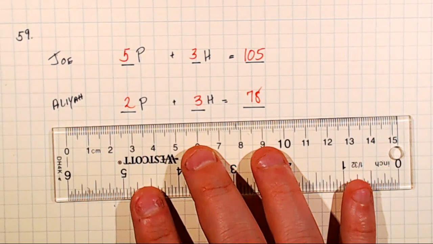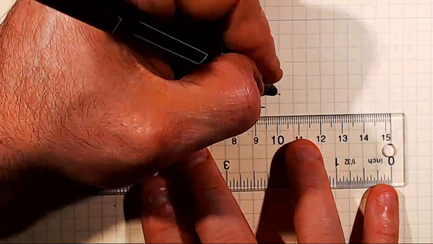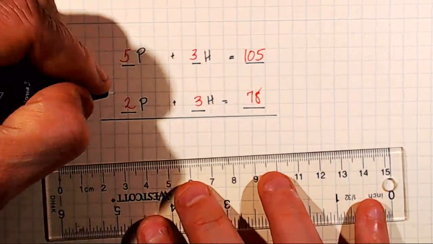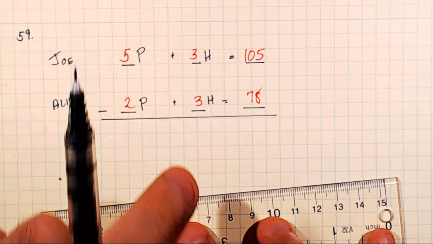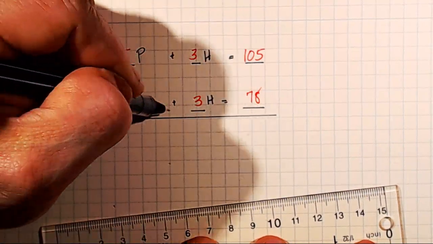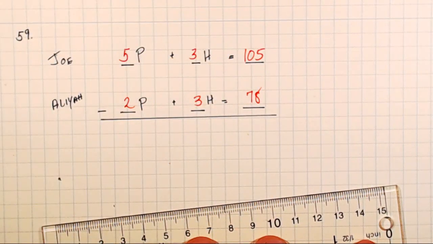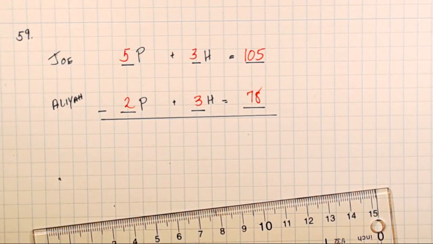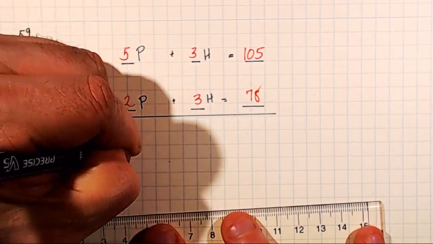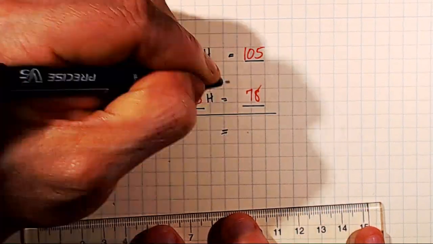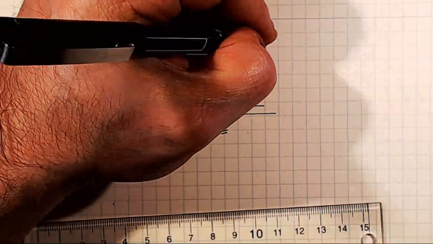We could solve this system using elimination by subtraction, because you have 3H and 3H, they're both positive. So if you subtract 3H from 3H, you cancel that term out. So 5P minus 2P equals 3P, equals 105 minus 78.